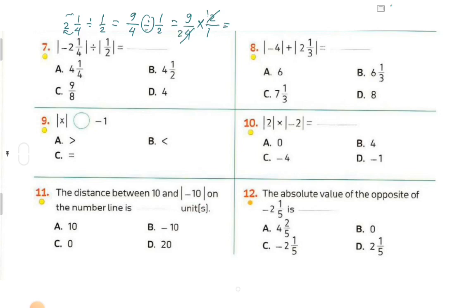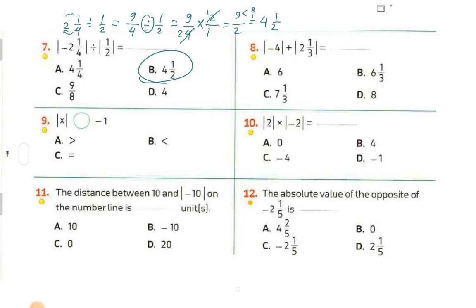Now 9 times 1 equals 9. 2 times 1 equals 2. 9 divided by 2, sorry. 9 divided by 2 equals what? 9 is 8 and 1. 8 divided by 2 equals 4. And remaining 1 over 2. 4 and a half.